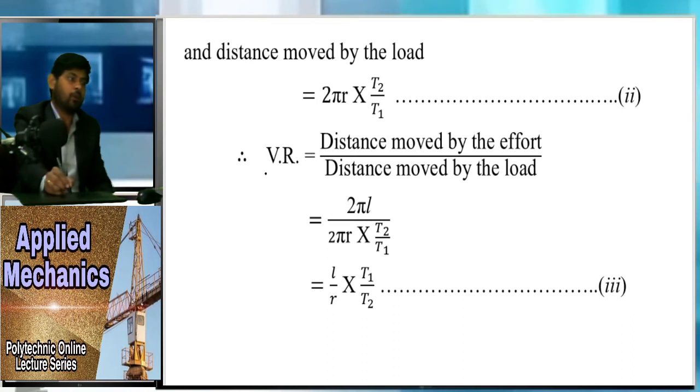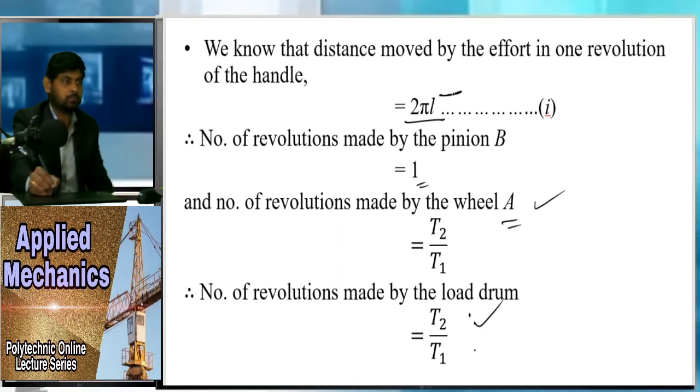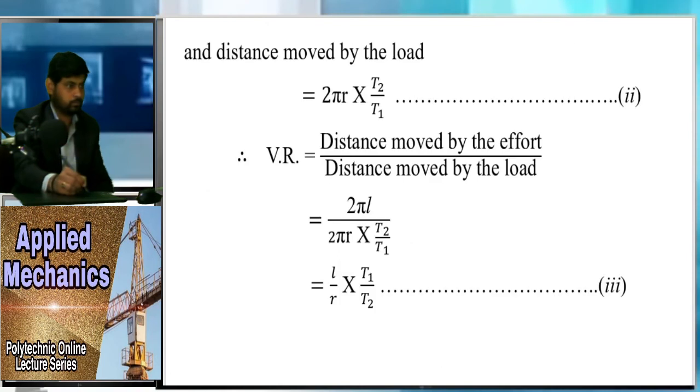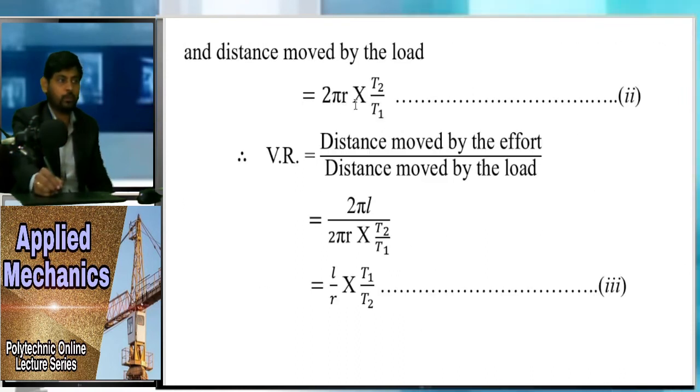Now what do we have to find out? We have to find out the velocity ratio. So what is the velocity ratio? It is the distance moved by the effort divided by the distance moved by the load. The distance moved by the effort we have seen is 2 pi L. Write that here: 2 pi L divided by the distance moved by the load, that is 2 pi R into T2 by T1.